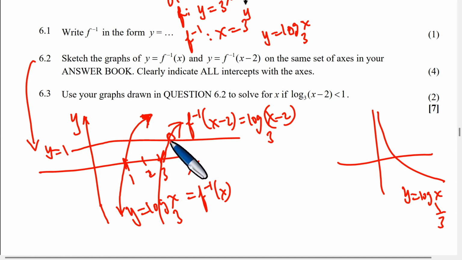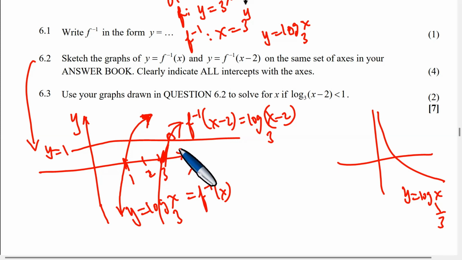Smaller than 1, going down. Smaller than 1. So for what values of x will this be the case? It is to solve for x.